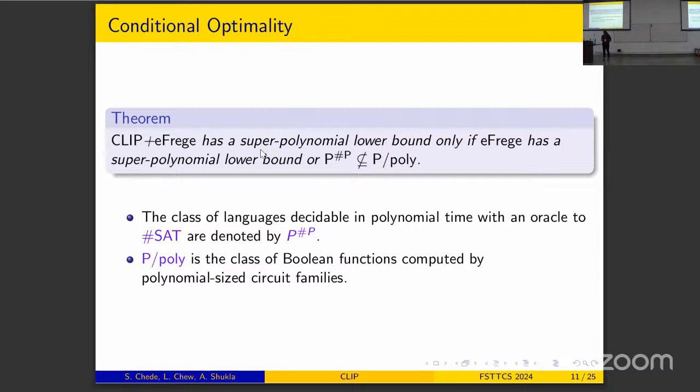And to just recap, P sharp P is just all the problems you can decide with a sharp oracle. That is a sharp set, the problem we are trying to solve, right? Then, P/poly is all the functions which can be represented by polynomial size circuits, right?